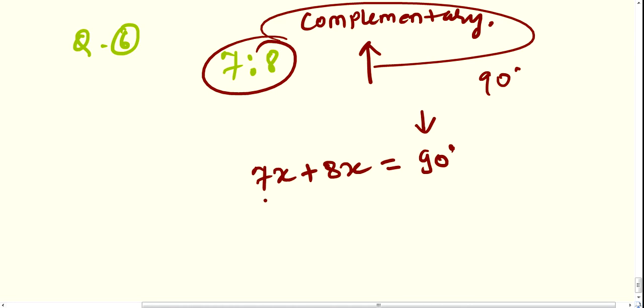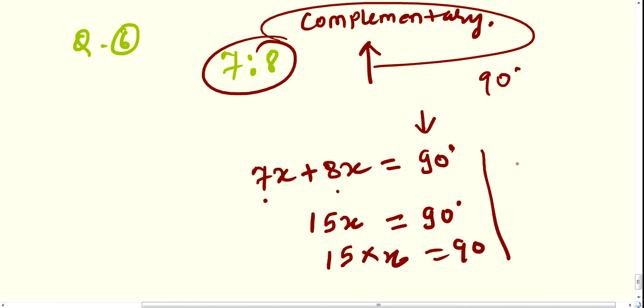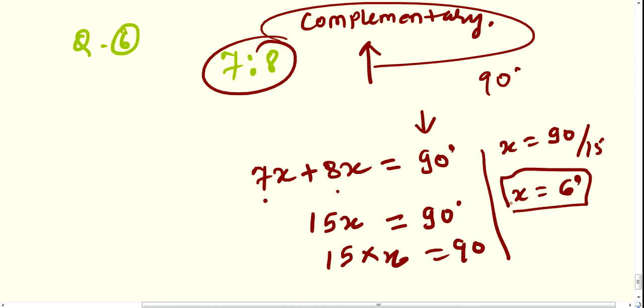So 7x plus 8x equals 15x equals 90. Now 15x can be written as 15 into x equals 90. Then x equals 90 divided by 15, so x equals 6 degrees. Now we are supposed to find the angles. 7x is 7 into 6, that is 42 degrees.